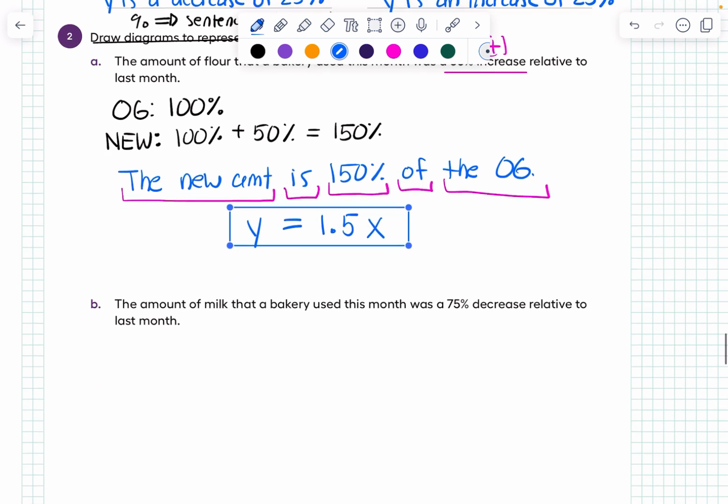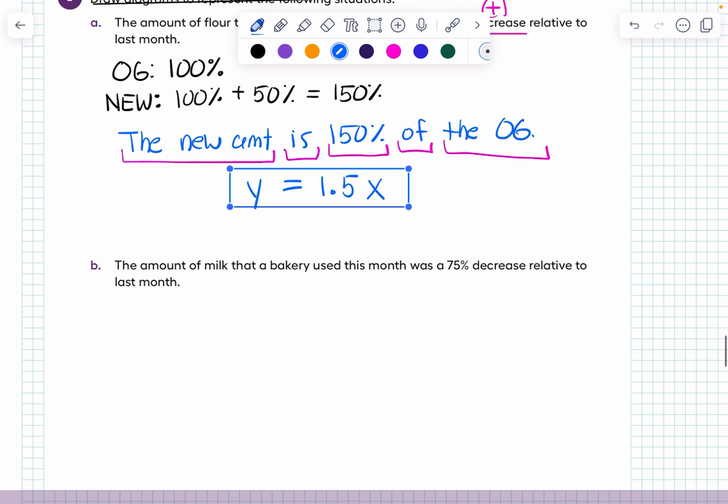Okay, on B, the amount of milk that a bakery used this month was a 75% decrease relative to last month. Okay, so we have a decrease, so that means to subtract. So the OG percentage had to be 100%, and the new amount, well, since it says 75% decrease, that means we would have to take 100% minus 75%.